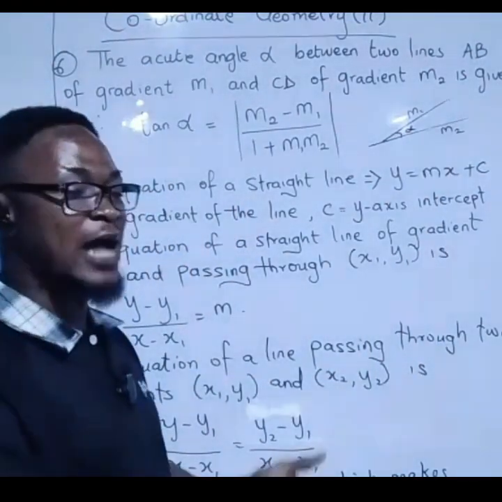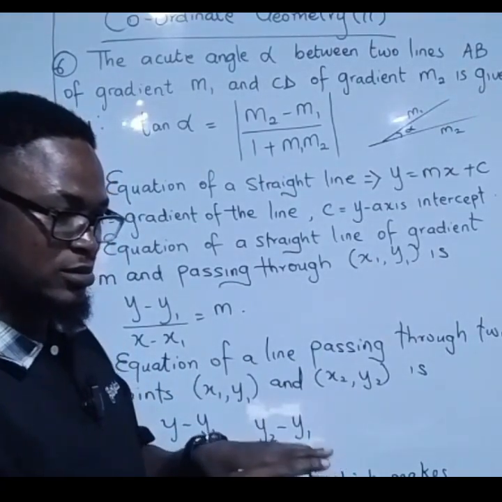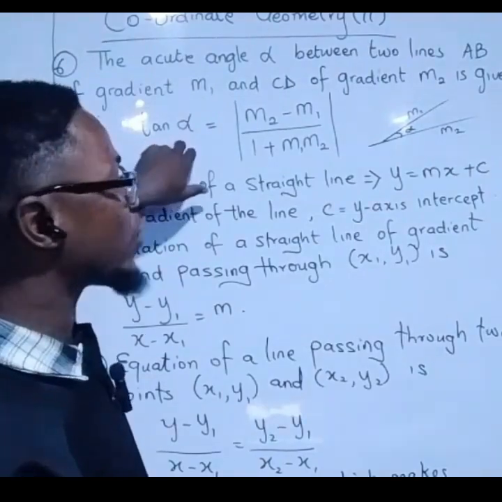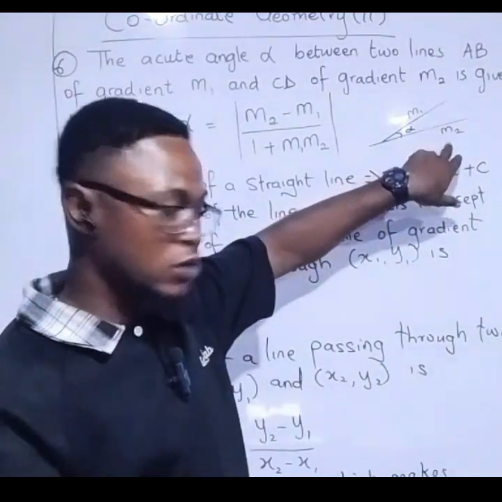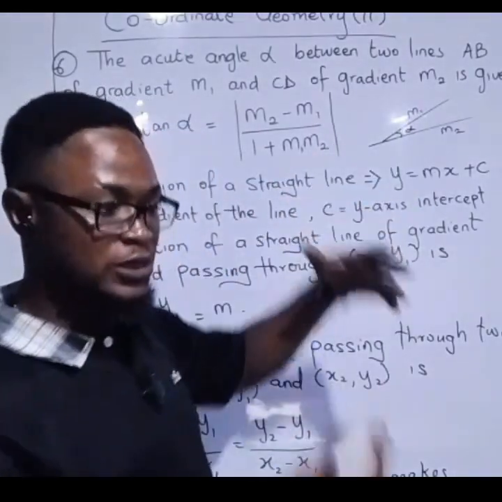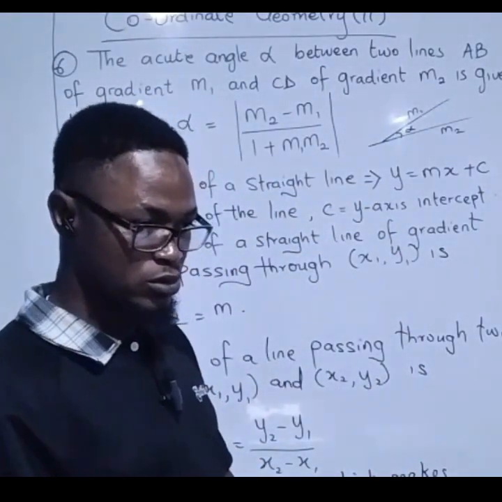And they're asking you to calculate the acute angle between these two lines, right? So what do you do? You use this formula. Tan theta equals, what's it called, one of the slopes minus the other slope, divided by 1 plus the product of the two slopes.